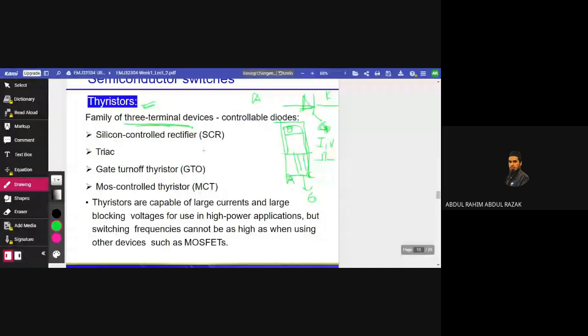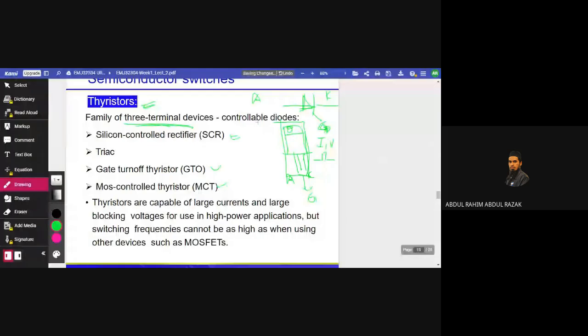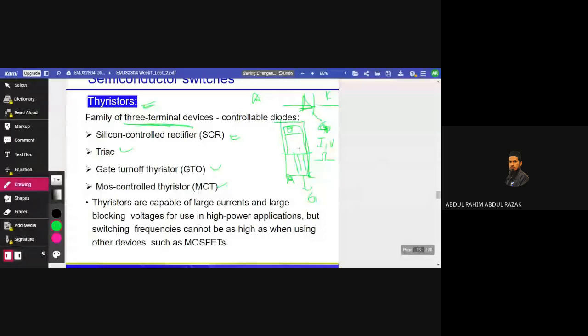But in terms of topology, SCR, GTO, MCT will be represented by several kinds of drawings to differentiate between all the devices. But physically, if you buy from the market, the body of the components are all the same, like this.